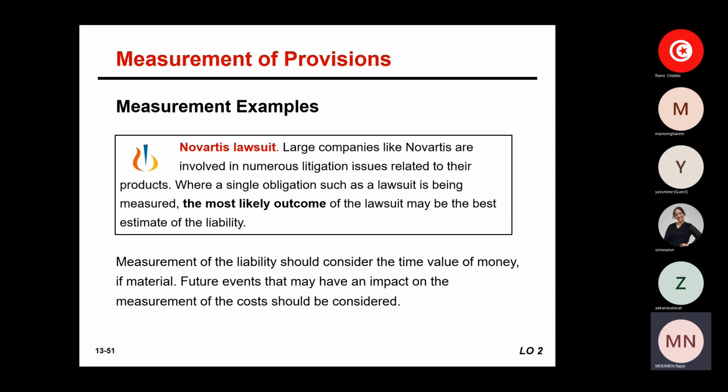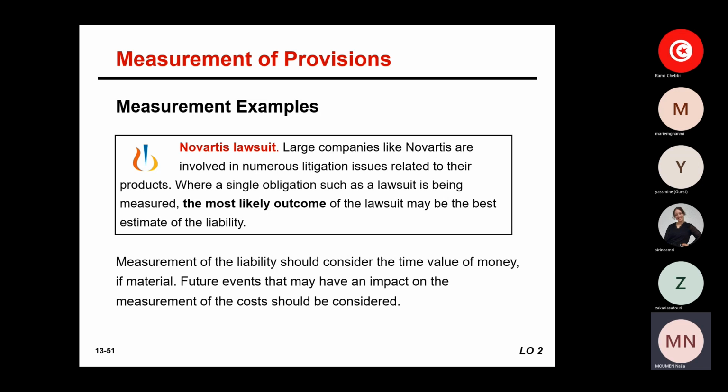So in general, the measurement of the liability should consider the time value of money if material. So when we're talking, for example, of long-term liabilities, long-term provisions, this time value of money will be a really important factor that should be taken into consideration, if it is material.